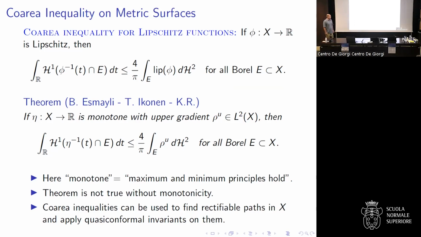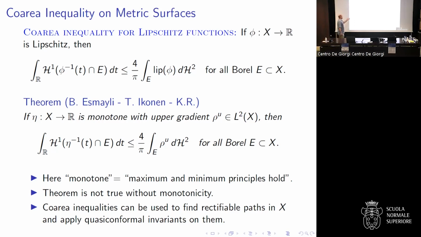But this can be done using the coarea inequality. One can, for instance, take some distance function and then show using the coarea inequality and plane topology that inside the level sets of this distance function, you can find plenty of rectifiable curves. And they are even parameterized, so you can start doing estimates.